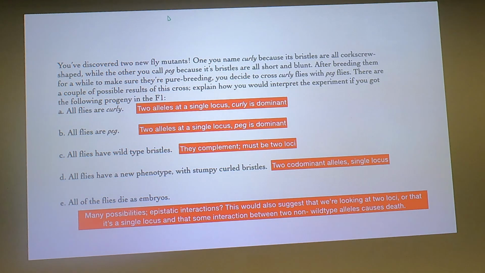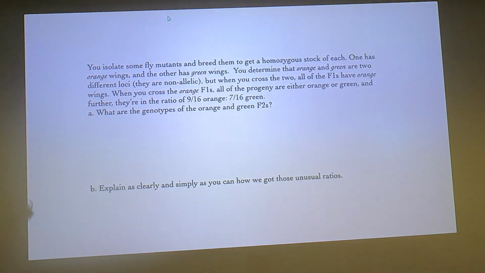If you've got two yellow genes, the animal's not going to survive that. It's lethal. Maybe having curly and peg together is lethal. So this is kind of a complicated result. It means, oh boy, I get to go back in the lab and do some dissections and figure out what's going on and get different alleles of these same genes. And yeah, there's my career for the next 4 years.